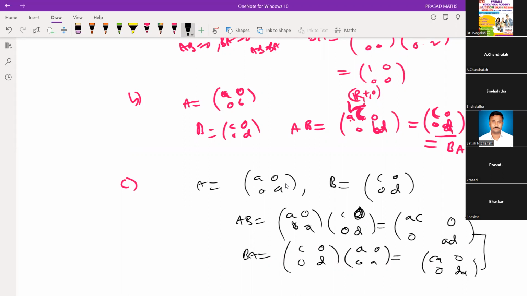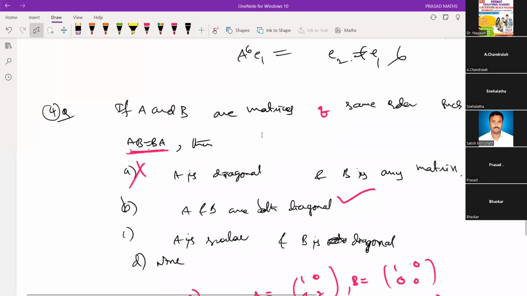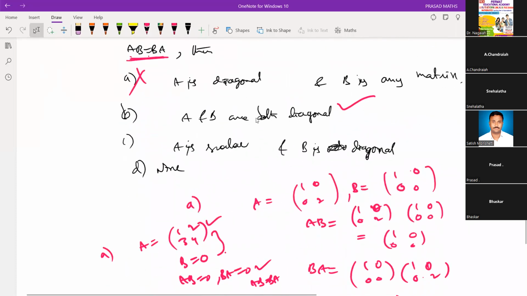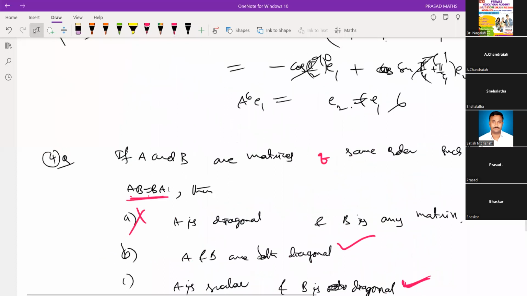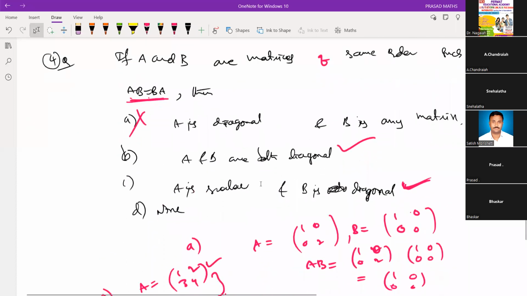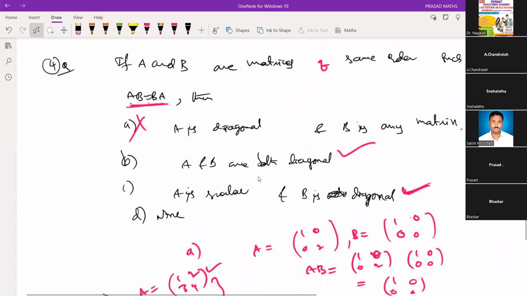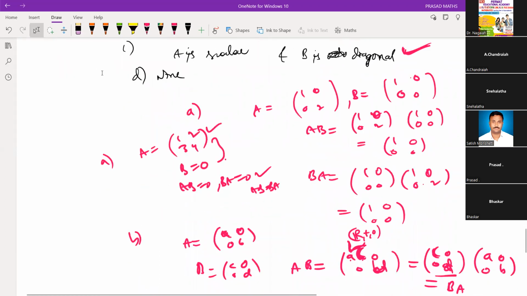So these both are equal, right? Why? Because AC equals CA. So a scalar matrix with a scalar matrix is also true. Not only is B diagonal. B need not be diagonal. You can take any scalar matrix and multiply it with any matrix, and automatically that is commutative. AB equals BA. Right? So what are the answers? B and C.